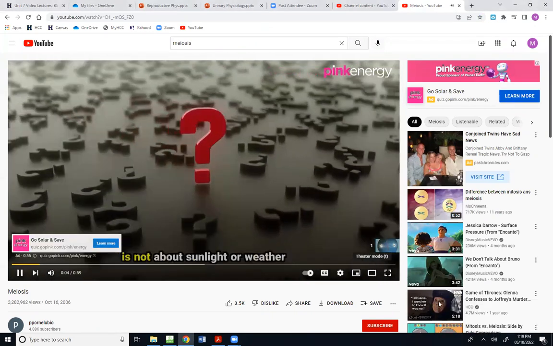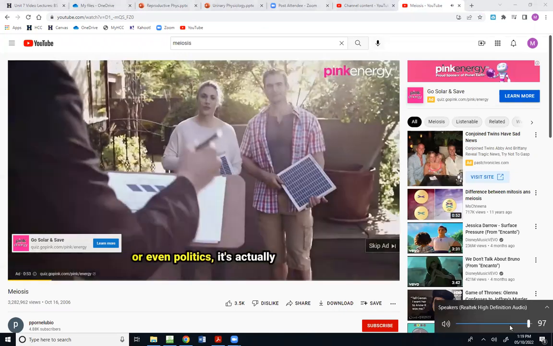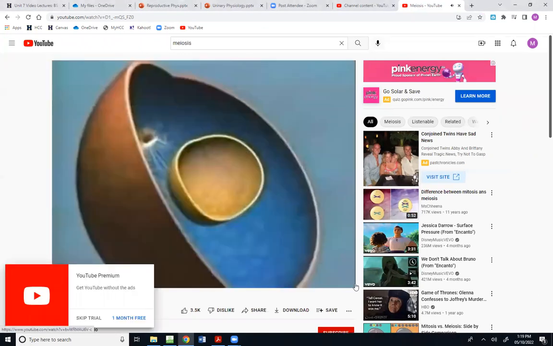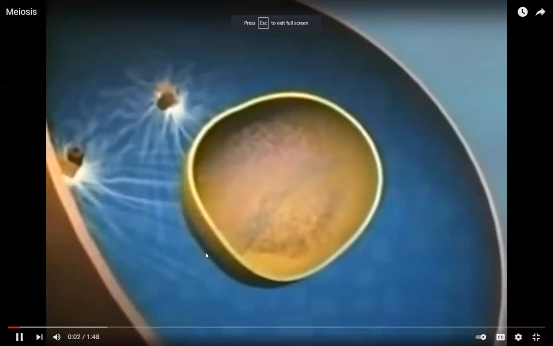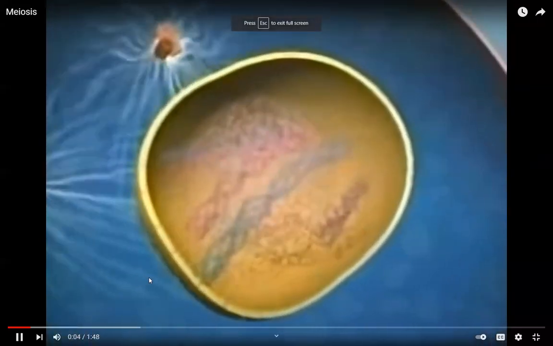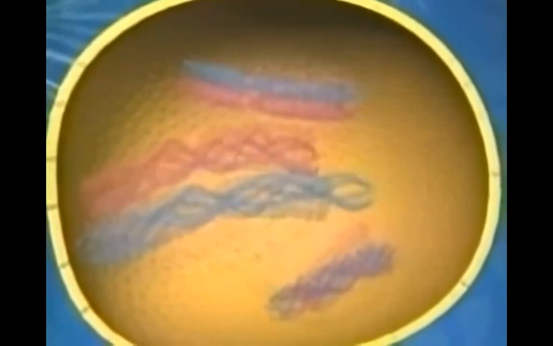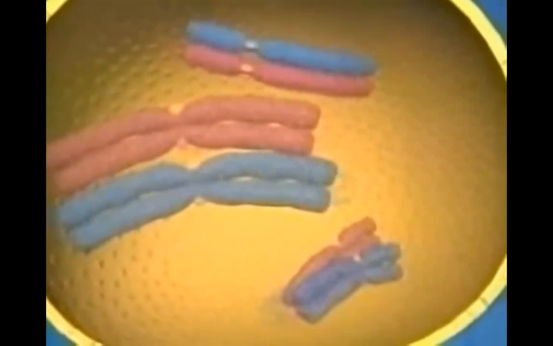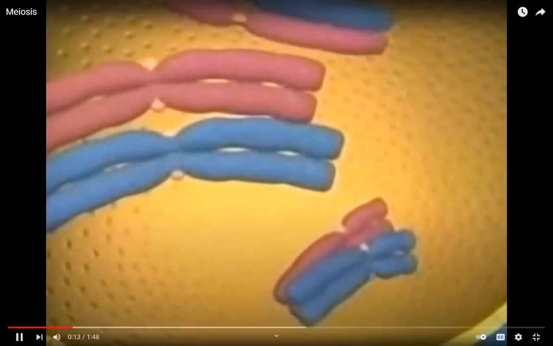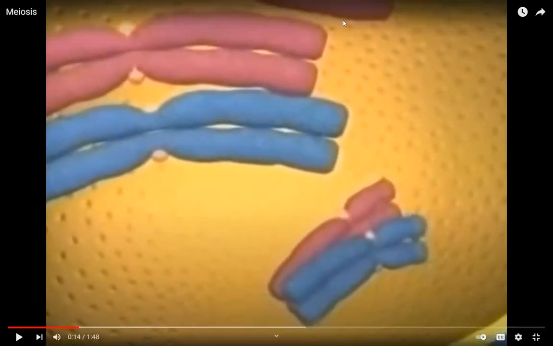The number one reason is not about sunlight or weather or even politics. It's the cell prepares for meiosis just as it does for mitosis. But as the DNA condenses, each chromosome finds its homologous counterpart. These matching pairs. Okay, so now we see there was a pair there, there's a pair here, there's a pair there.